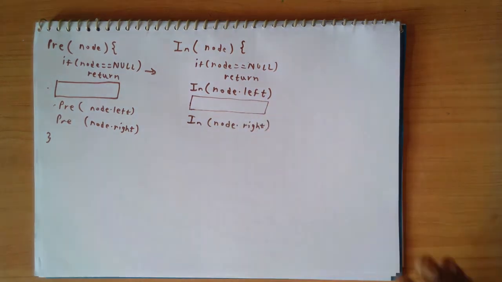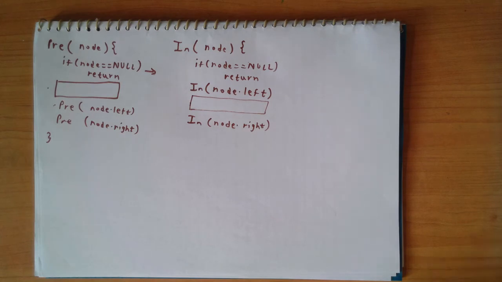Okay. So that's my in-order traversal. And again, this is going to do a depth-oriented traversal, but the order in which it processes the nodes is going to be a bit different.